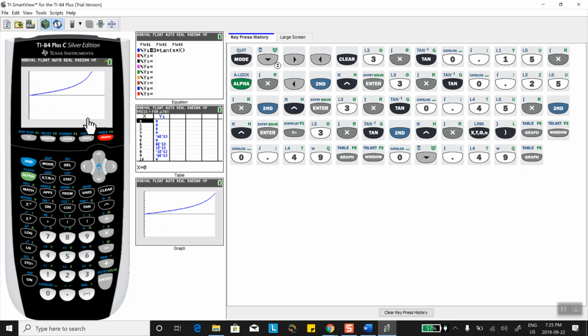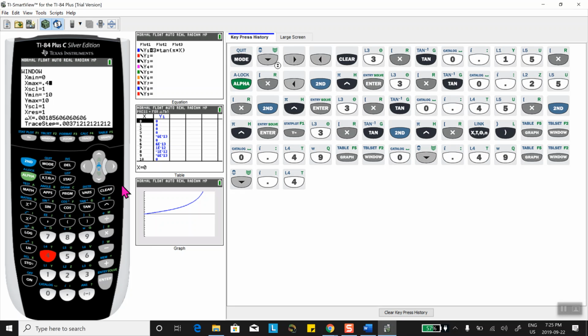Okay, you can see that's shooting to infinity. If I change the window from 0.49 to 0.499, it's going to get worse. Okay, graph, because there's an asymptote at 0.5.